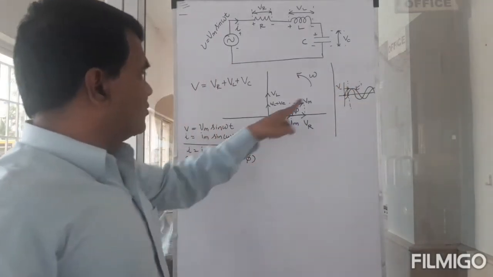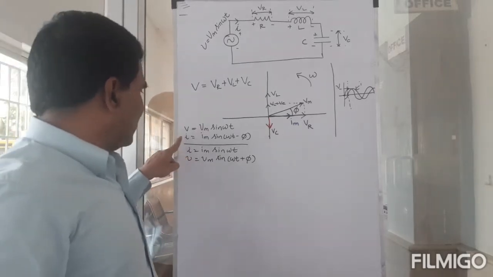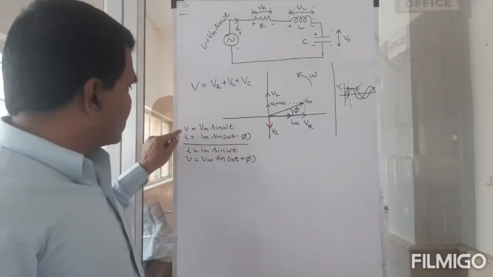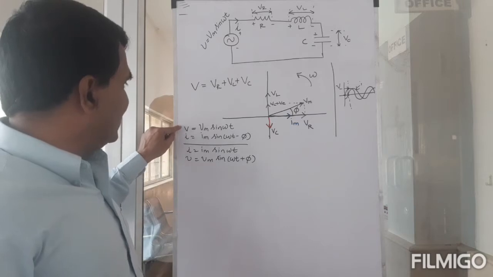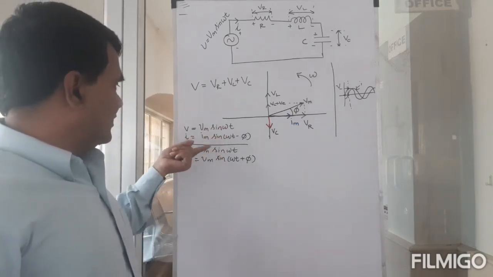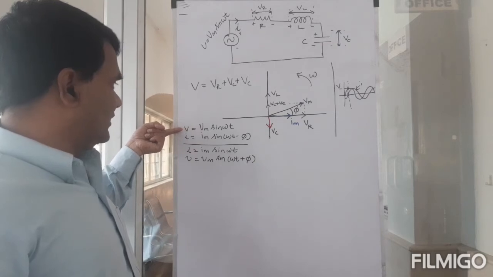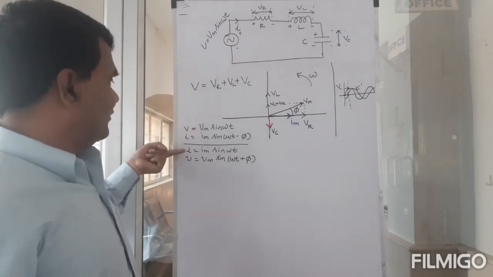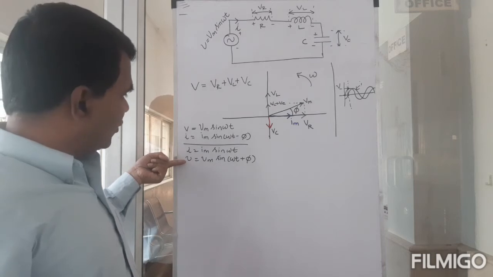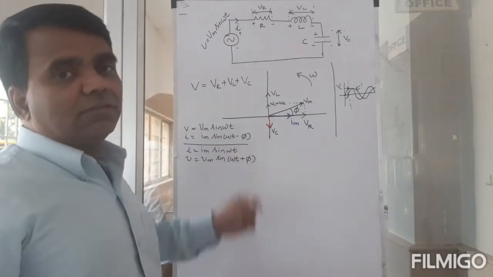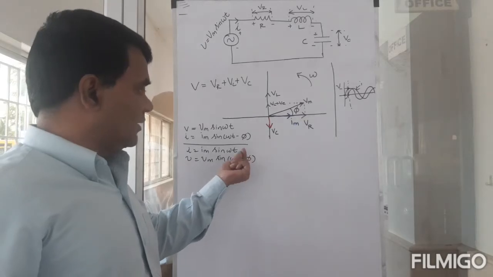So in both cases, you notice that the current is lagging the voltage by phi, or I can say that the voltage is leading the current by phi. It's the same thing. So if I take the voltage as a reference, then I will say that the current is lagging the voltage. If I take the current as a reference, then I will say the voltage is leading the current with the same angle.